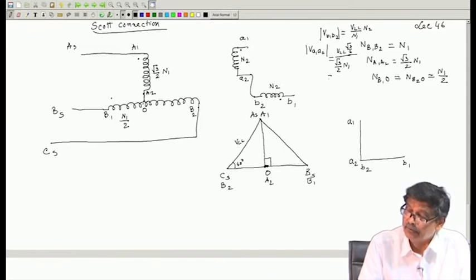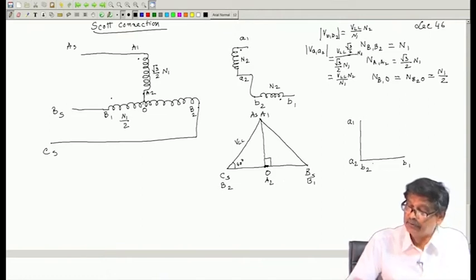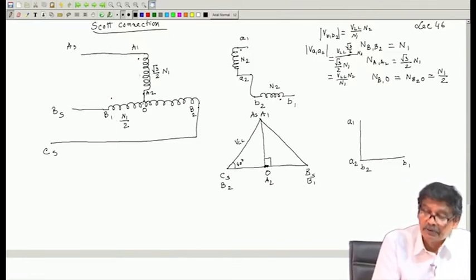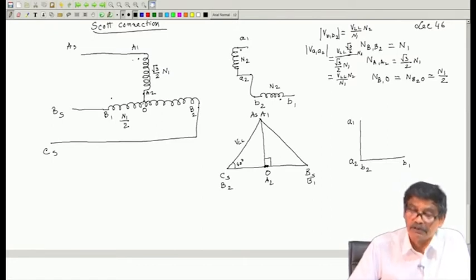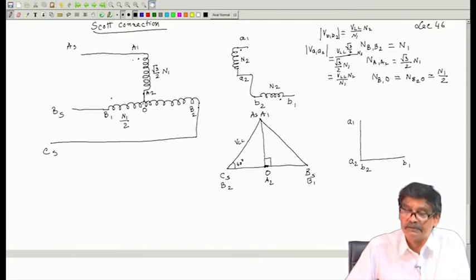So, that voltage per turn is once again VLL by N1 and this into N2. So, magnitude of the secondary voltages will be same and that is why you require the number of turns of transformer A to be root 3 by 2 into N1. If you take same N1 turns, voltage per turn will not be same.